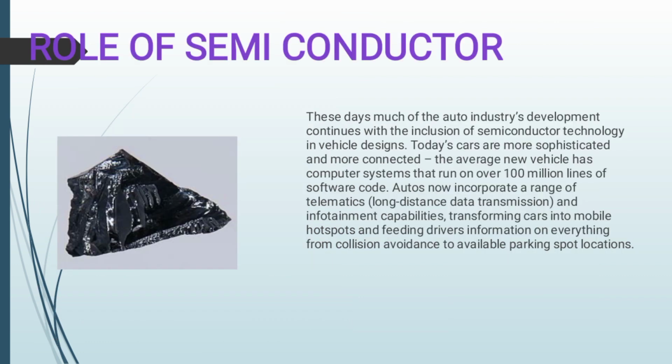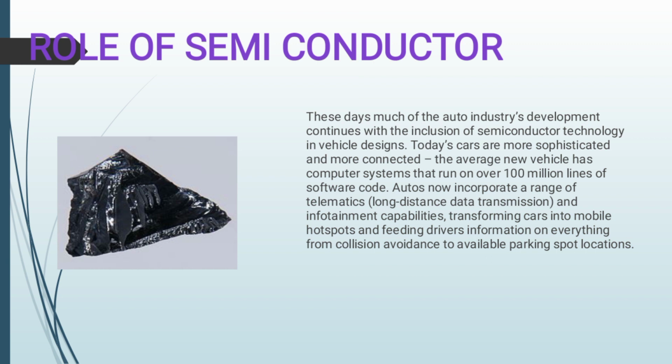Roles of a semiconductor. These days, much of the auto industry's development continues with the inclusion of semiconductor technology in vehicle designs. Today's cars are more sophisticated and more connected.